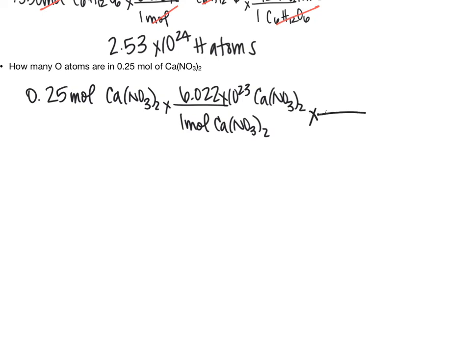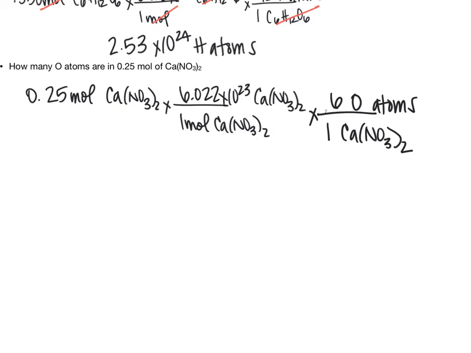So next, we're going to say that in 1 Ca(NO3)2, there are 6 O atoms. Now, it's important to write the word atoms next to this so that you don't actually think it says 60.